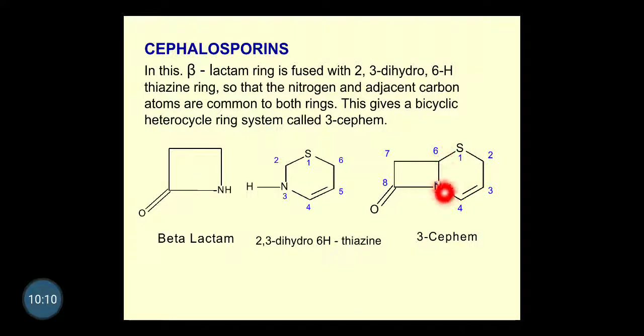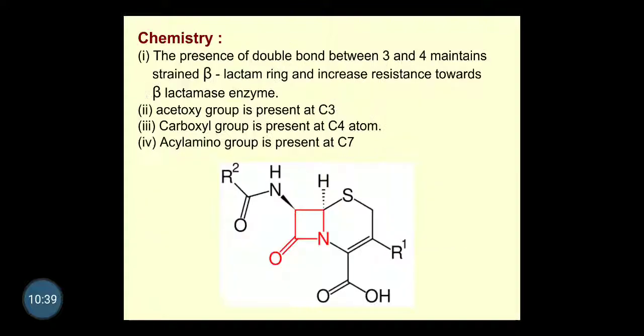Instead of a 5-membered ring, there is a 6-membered ring. That's why the numbering is skipped to the next one: instead of 6 there will be a 7, and instead of 4, nitrogen gets the 5 position. That is due to the additional carbon in the heterocyclic ring, that is in 3-cephem. So 3-cephem will be present in all types of cephalosporin antibiotics, and we'll see examples one by one.